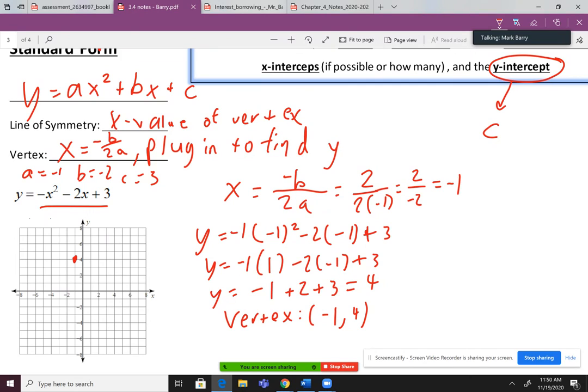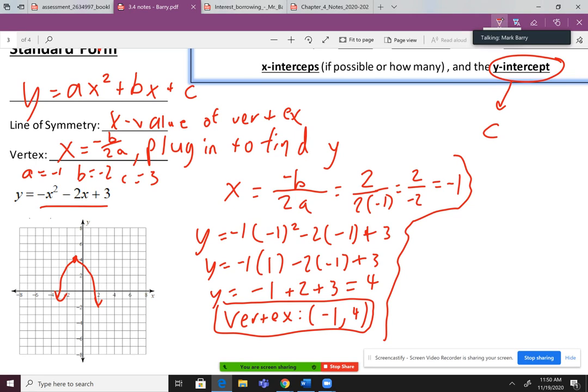So I can draw that on my graph for now. We know it's opening down, so I can go ahead and do a quick sketch. I can add my other information.